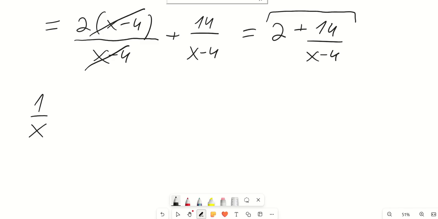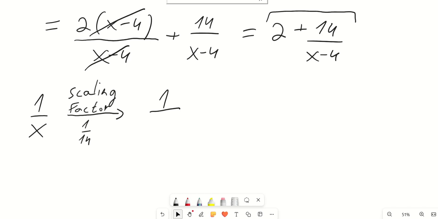So the first transformation I'm going to do is a scaling transformation. Scaling with factor 1 over 14, which means that instead of writing x, I multiply with this scaling factor.